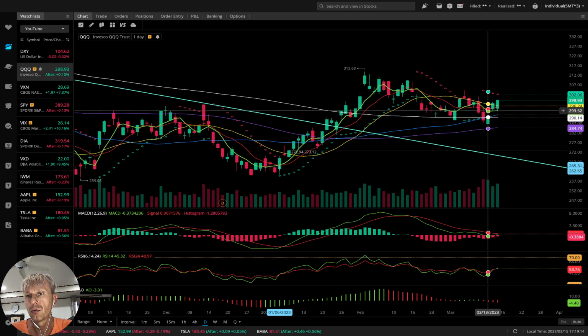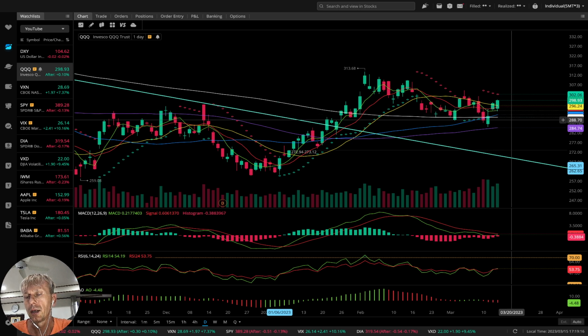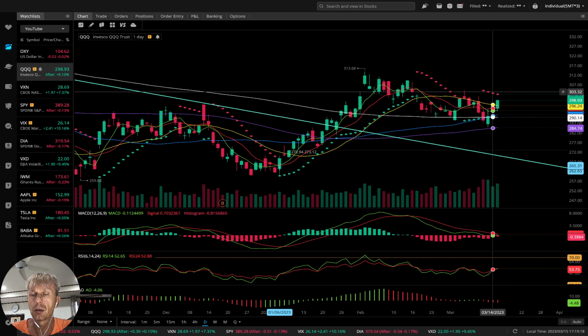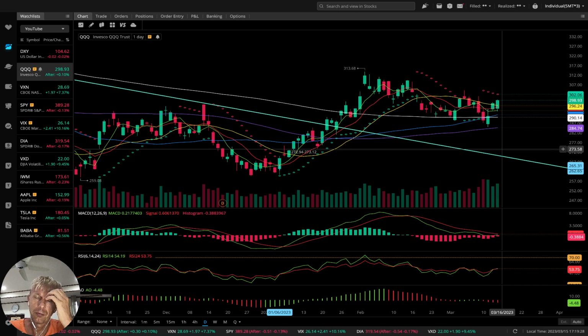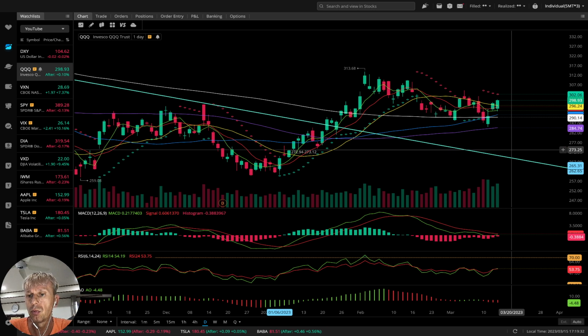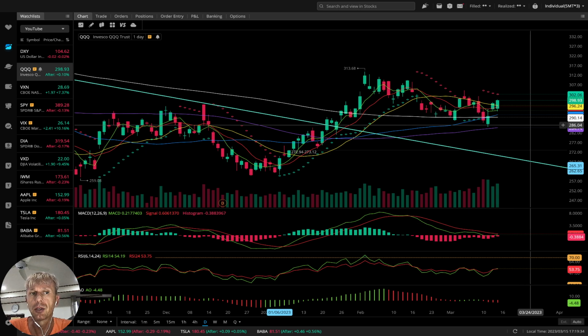MA 5 still below 10. It's still bearish reversal signal, still red dots. Like 4 indicators of 5 still bearish, 1 indicator bullish. It's still bearish trend on daily time frame for Qs.